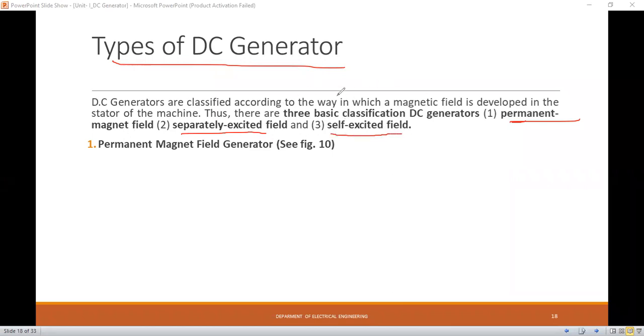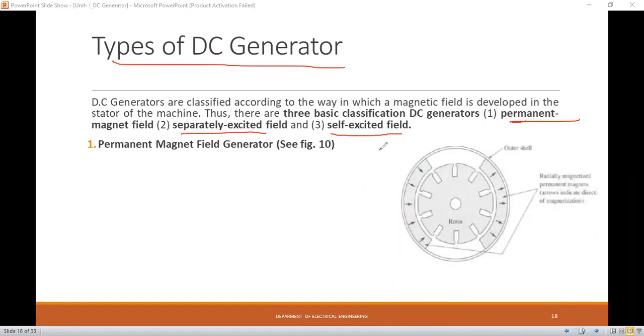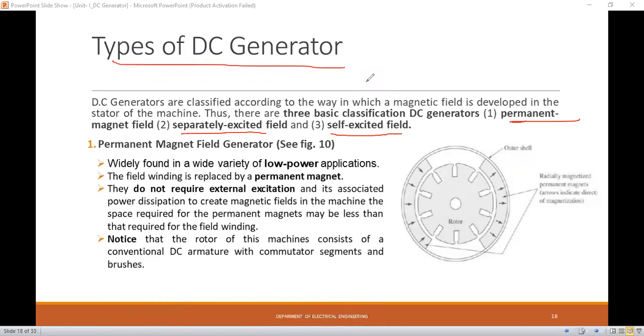According to how the field winding can be developed, there are three main types of DC generator: first, the permanent magnet type; second, the self-excited type; and third, the separately excited type of DC generator.